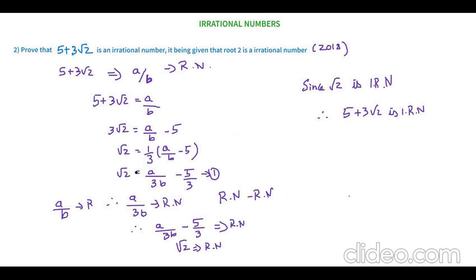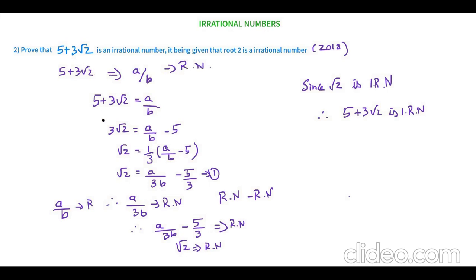It is a little tricky. Whatever is given, we will write it in the form of a by b. This is a rational number. And then we further get that root 2 equals a by 3b minus 5 by 3. Since a by b is a rational number, this right hand side is a rational number.